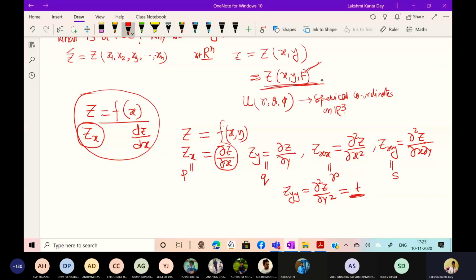This is not like the situation where the number of independent variables is more than 2, actually 3, x, y, and t. In that situation there is no pqrs. So this is for the normal partial differential equation with one dependent and two independent variables x and y.